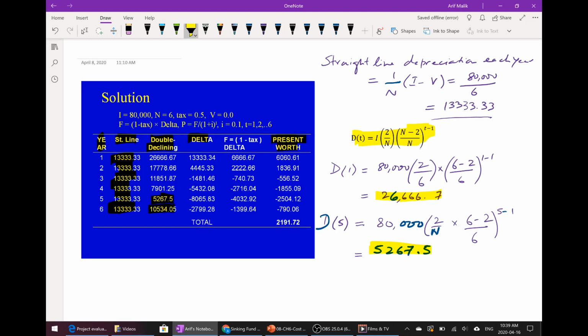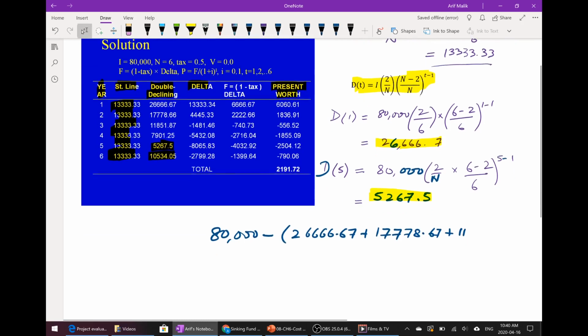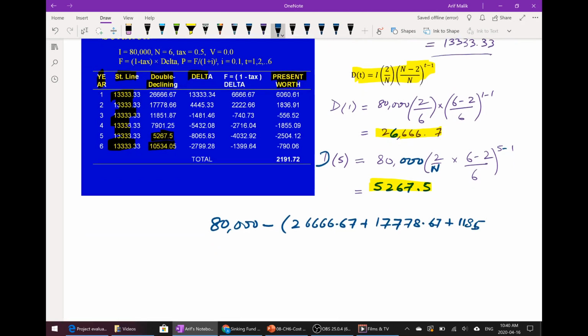So if we sum up the first 5 years of depreciation, 26,666.67 plus 17,777.78 plus 11,851.85 plus 7901.25 plus 5267.5, and subtract from 80,000, we get 10,534.05.